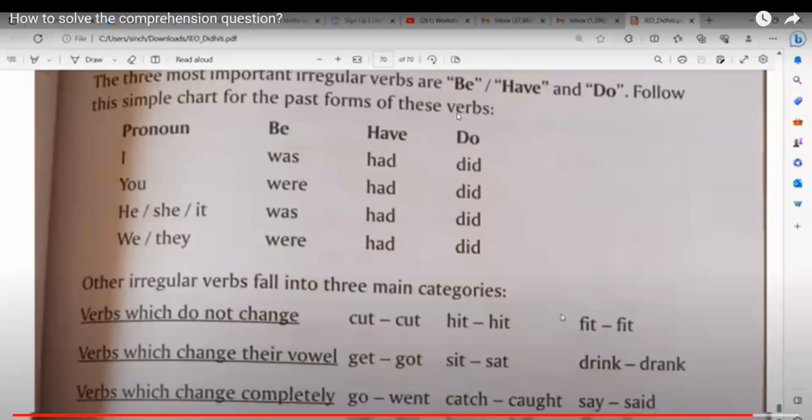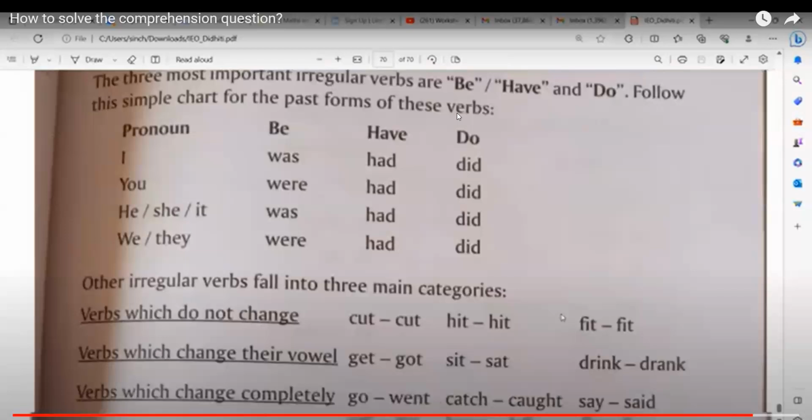He was eating his lunch when I just came and surprised him. When I just came, it will not be come, it is came, because come is in the present tense and we are doing it in the past tense.